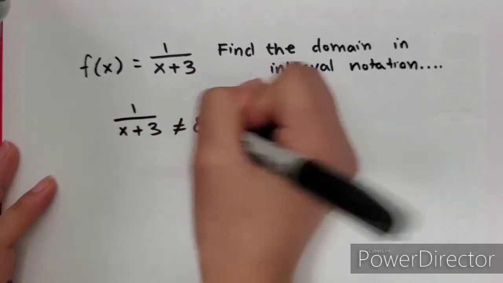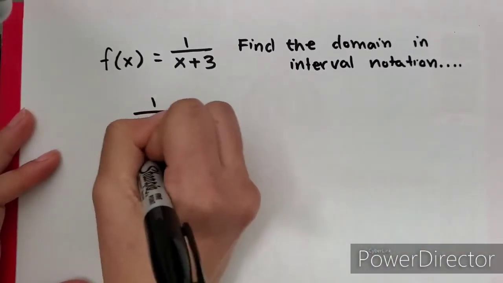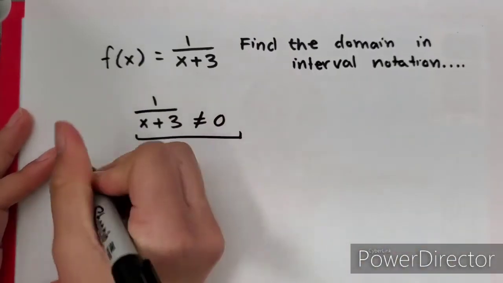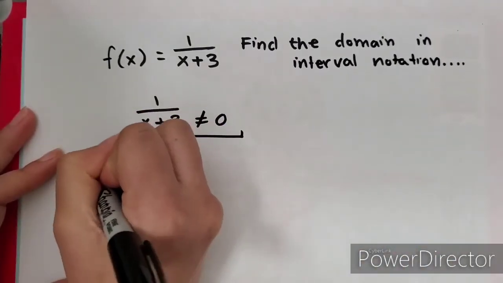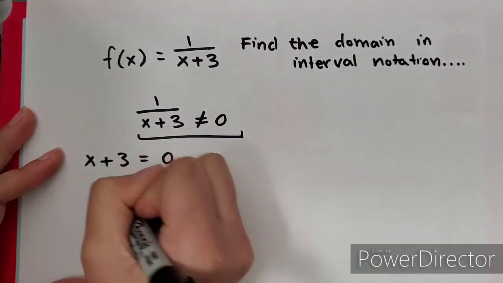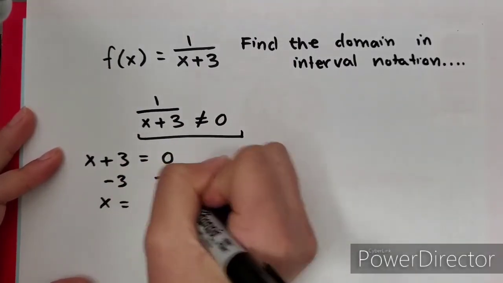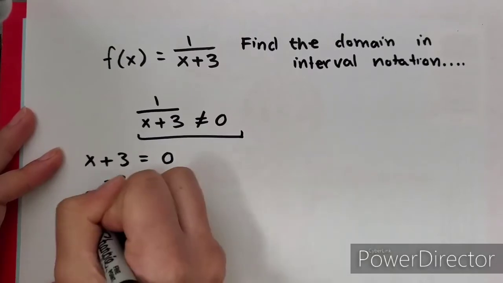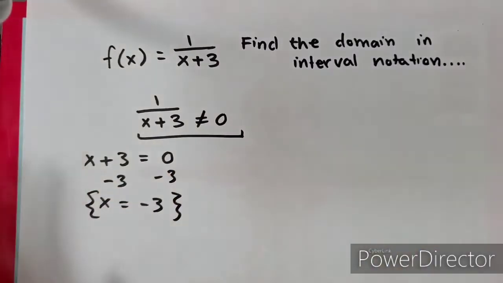This cannot equal 0. And that is our restricted domain. So because of that, we will have to find out what x cannot be. So x cannot be negative 3. What this basically means is that negative 3 is not defined in the graph. So the x value, negative 3, will not be defined in the graph.